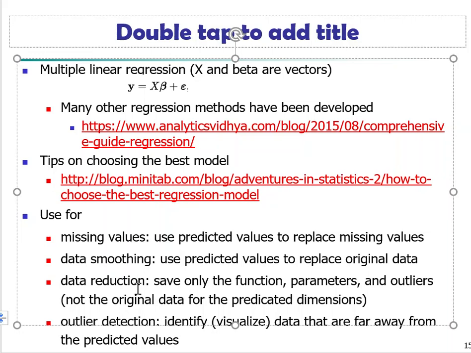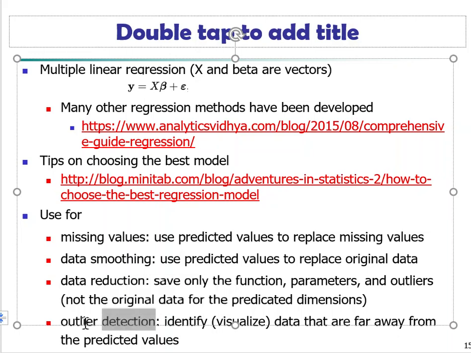in some more advanced mining techniques, we don't actually need to save all the original observations. We only need to save the function and its parameters, I mean the beta and the theta, and the outliers that might be in the data set. So for the subsequent mining, the input to those mechanisms is going to be this formula and outliers. So it could also be used for data reduction.